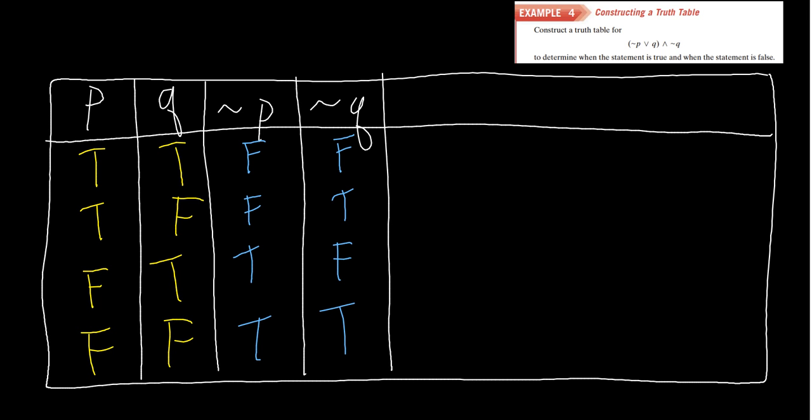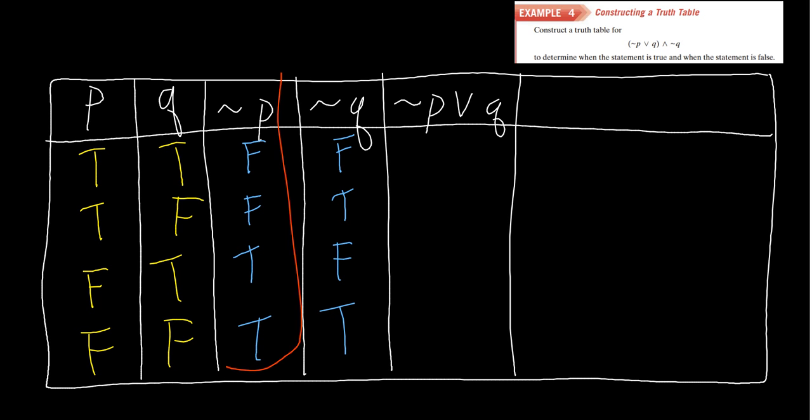Right. So next up, we're going to finish off this statement here. We're going to look at not P or Q. So we're going to write that up. So we're going to say not P or Q. So not P or Q is going to be this column and this column. Okay.